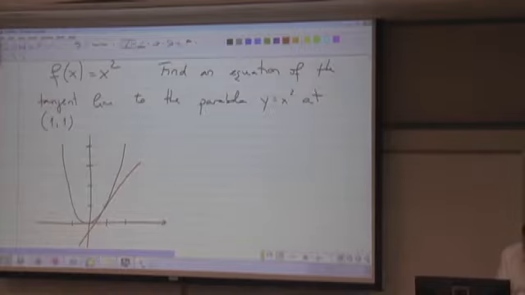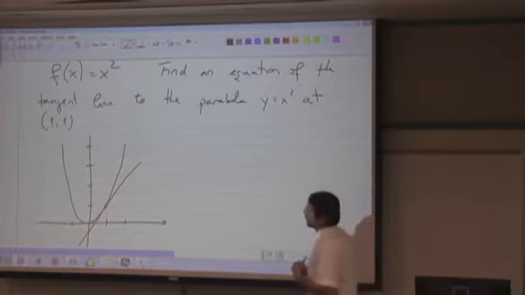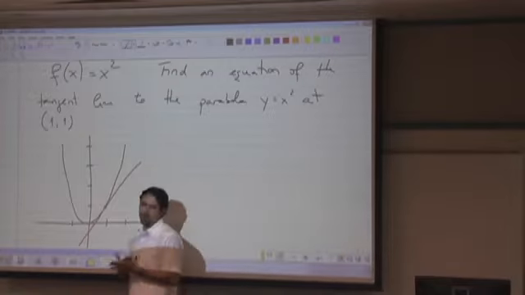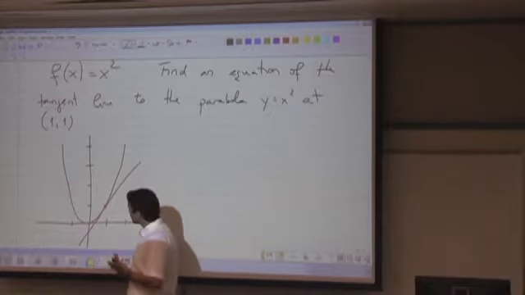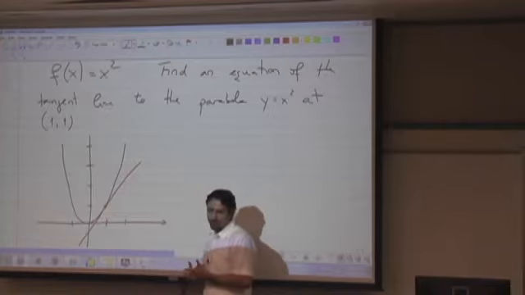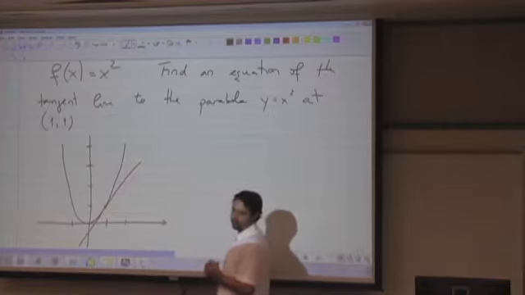Now, the one thing to keep in mind, and I'm going to say it a few more times in the future, because I know a good portion of you are going to write the equations of the tangents wrong when I ask you for them: tangents are lines. Okay? What should we expect an equation to look like?